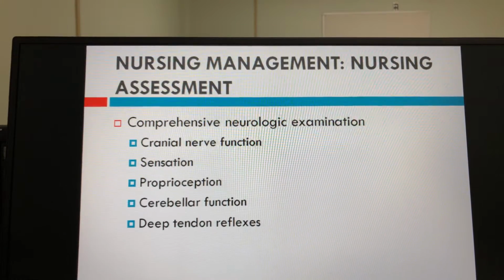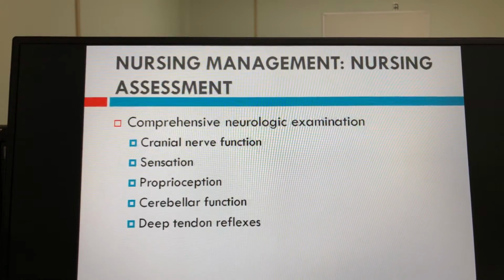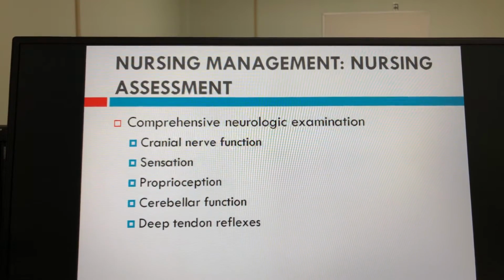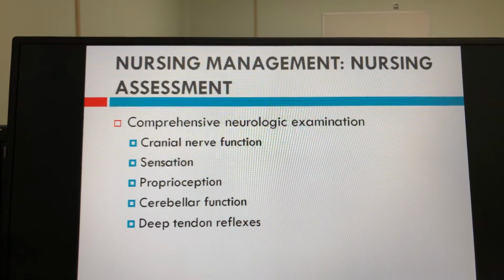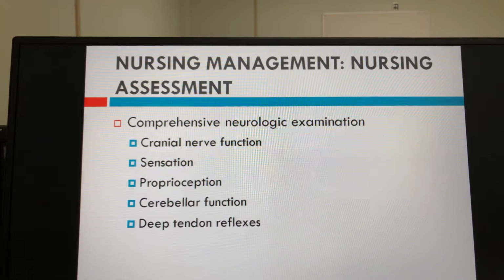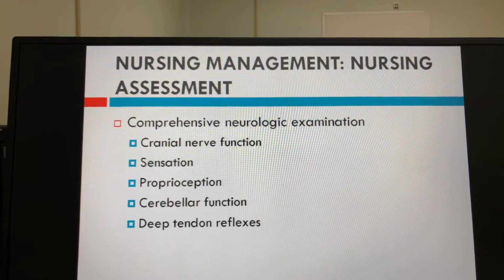Continuing with that comprehensive neurologic exam, we're going to do cranial nerve function. And I know, as I said, I tried to give you a variety of tools to use and study with, not just for your unit exam, but those things that could help you prep for NCLEX.